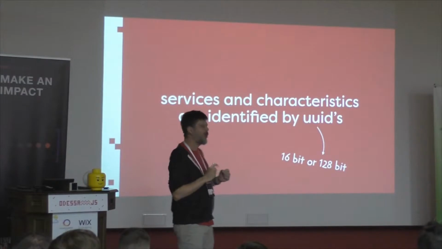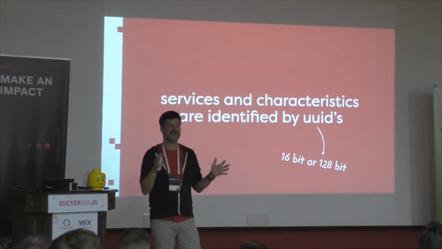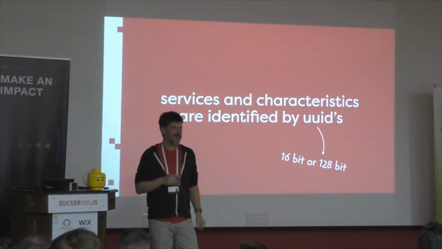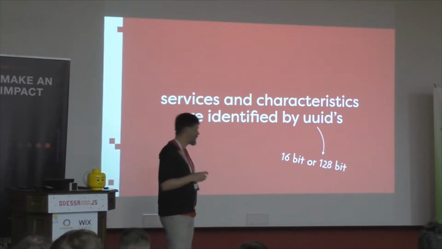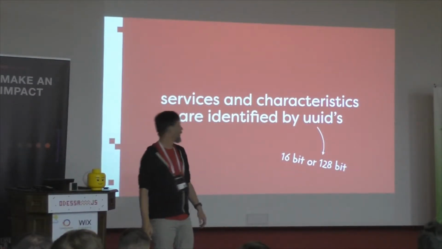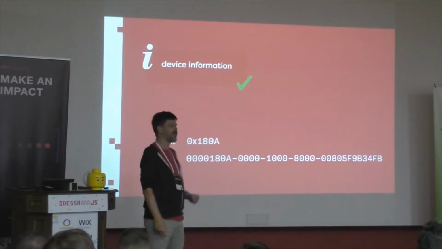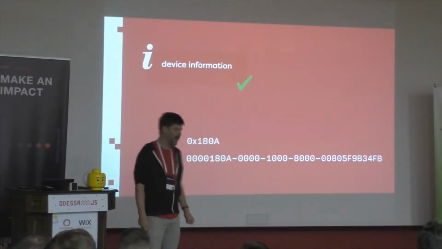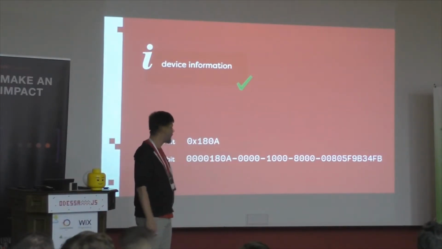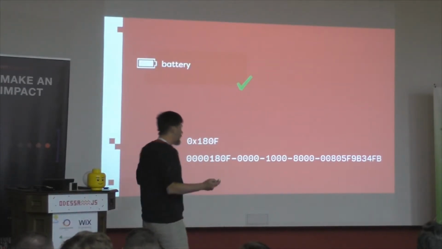Now, unfortunately, unlike objects, they don't use strings as identifiers. They use UUIDs, and those are 16 or 128 bits, and they look like this. So this is device information, it's 180A. Or you have a longer version, and I'm not going to pronounce that. Battery, that's 180F.